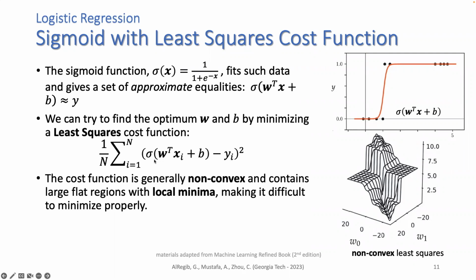What we're really trying to do is minimize the difference between these two: the prediction output on the left-hand side and the ground truth output on the right-hand side. This is the ground truth that we have from our data. So this is the least square. We take the difference. This is the minimum square error optimization.